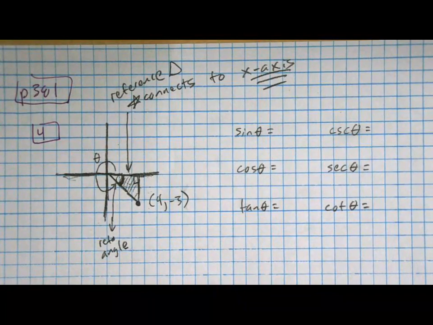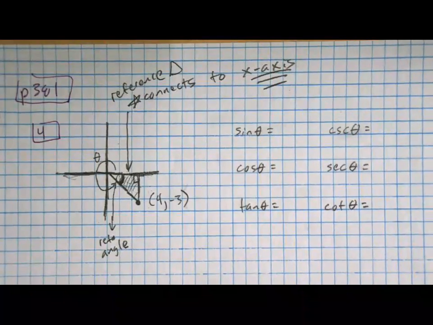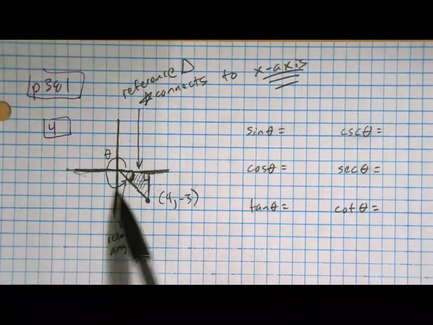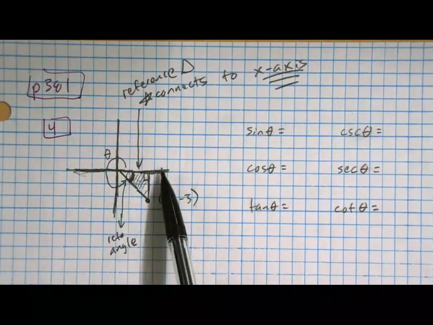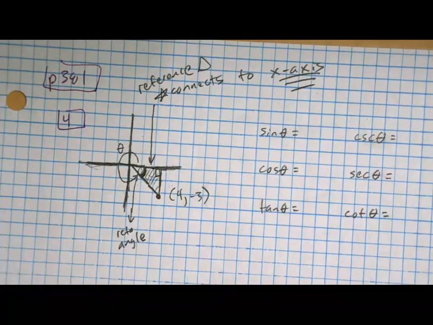Because the thing is, the reference angle is always going to be an acute angle. It's always going to be less than 90 degrees. And it doesn't matter what your overall angle is. My angle here is somewhere between 270 and 360, but my reference angle will always be less than 90.